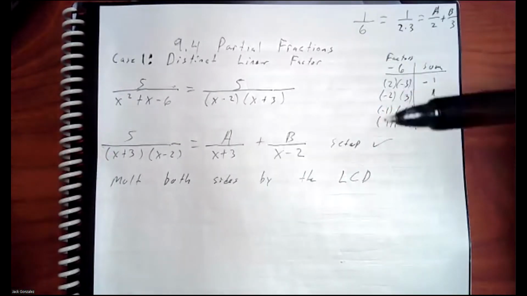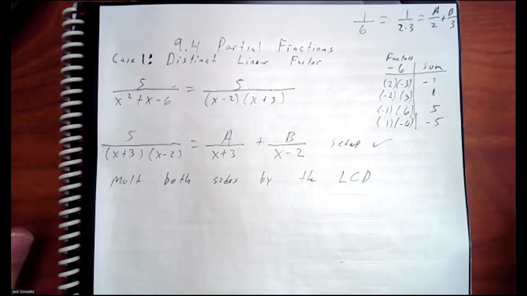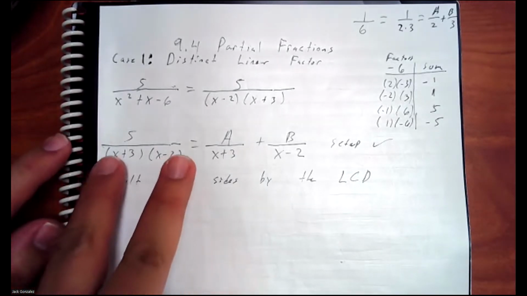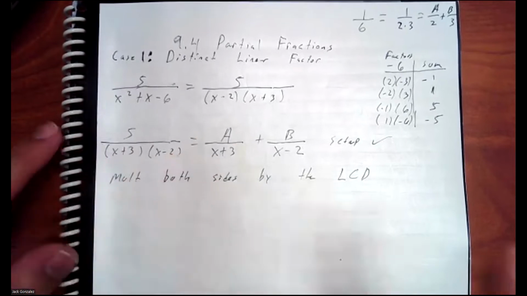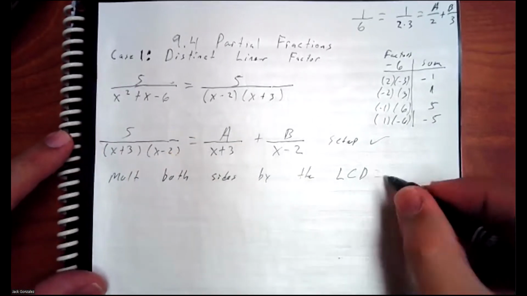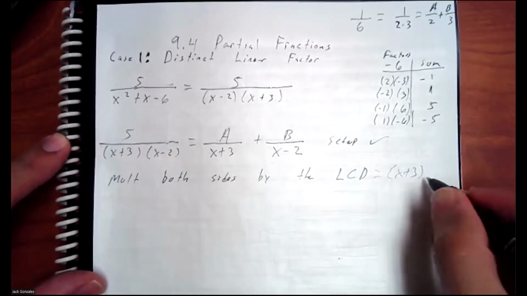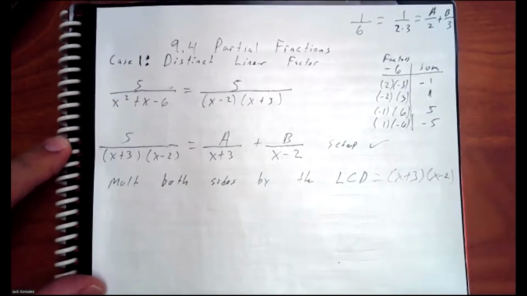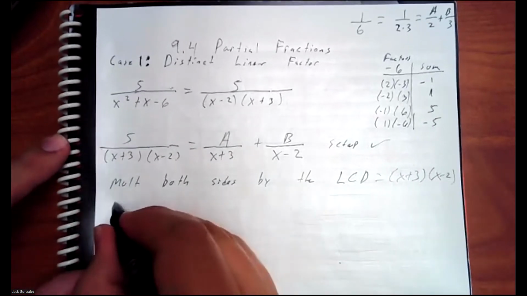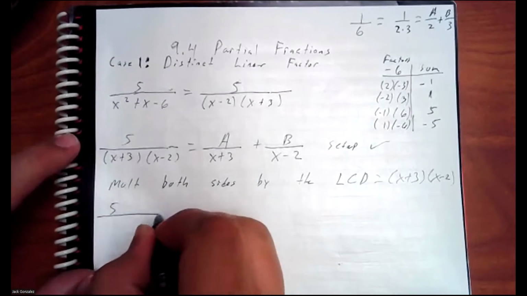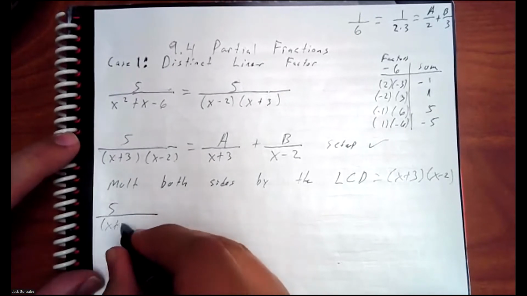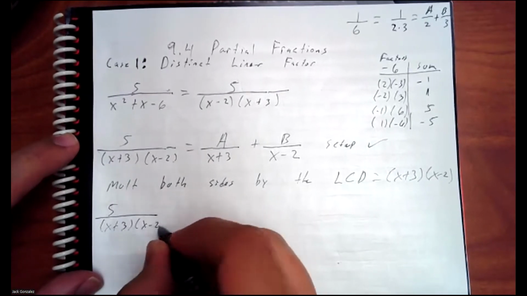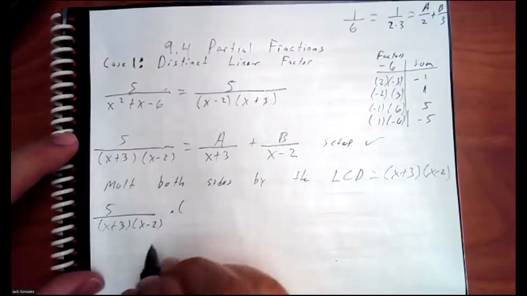That will always work for this section. And it's always going to cancel out the left-hand side. Okay, the LCD is these two pieces. Okay. So I'm going to write every single fraction and multiply it by that LCD.